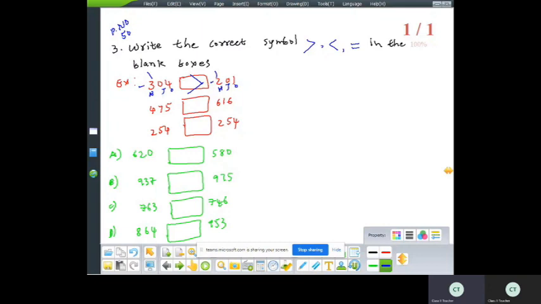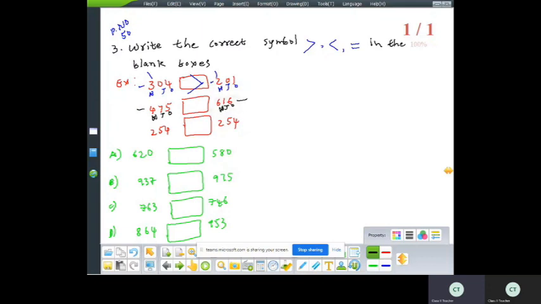Now the next example, the given numbers are 475 and 616. First we look at the place values: 1, 10, 100. Here also 1, 10, 100.